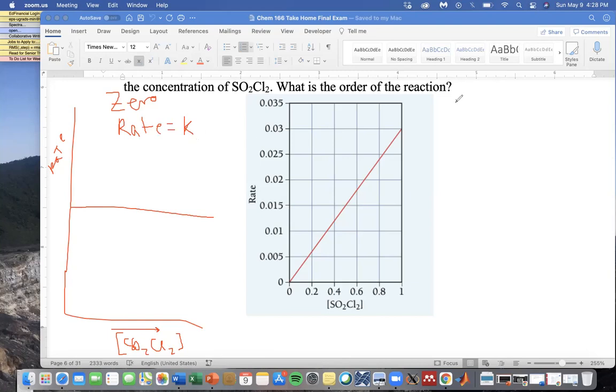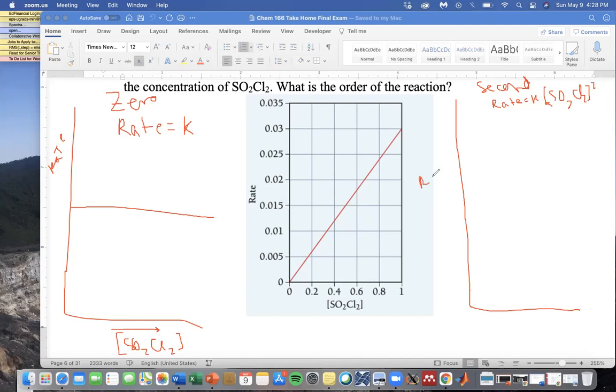On the flip side, if you had a 2nd order reaction, your rate equals k times SO2Cl2 squared.